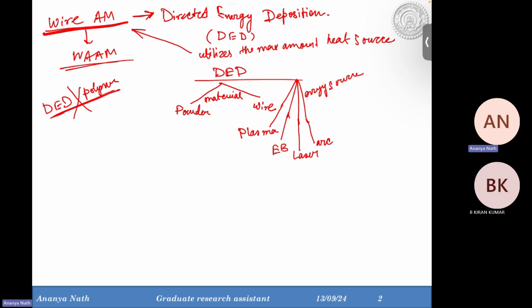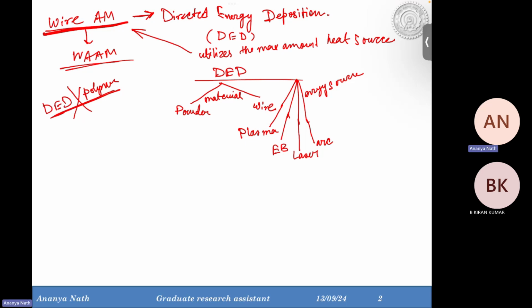Now, the other metal additive manufacturing is PBF, powder bed fusion, and DED is the last one. Among powder bed fusion and DED, there is a lot of controversy and a lot of differences and similarities, because these two are the most used processes in additive manufacturing to print metals.